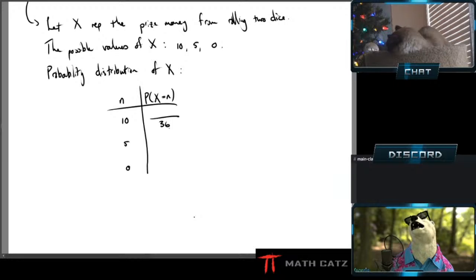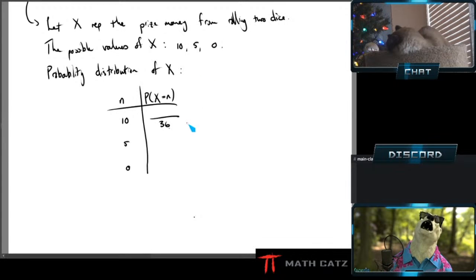So even though my outcomes are officially the prize values, the dollar amounts that I could win, when I calculate a probability, I have to conceptually alter it a little bit so that I can look at related outcomes that are equally likely. The probability of getting 10 isn't 1/3 because there are 3 possible outcomes and I have one of them. These are not equally likely.